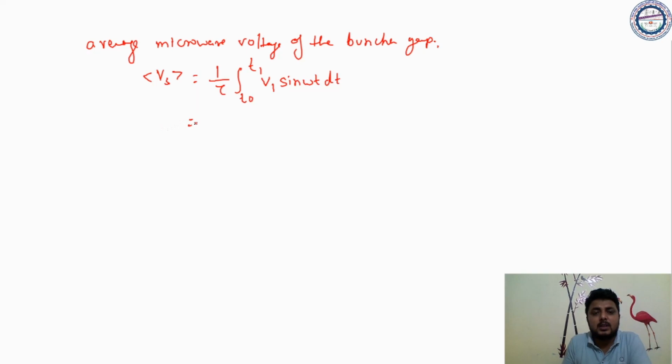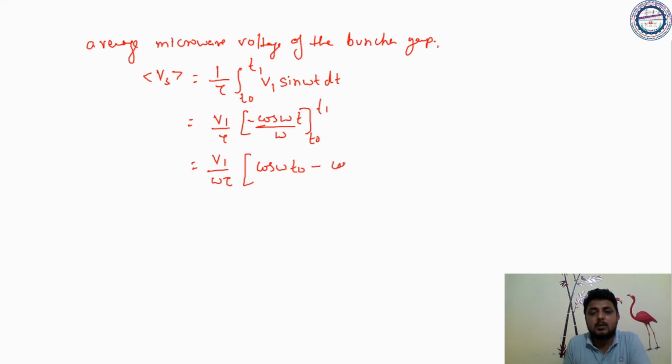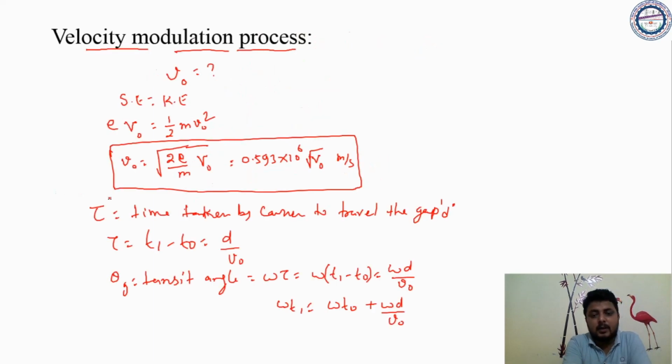After solving this we can write V1 upon tau, and cos omega t or minus cos omega t, from t0 to t1, divided by omega. So this can be written as V1 upon omega tau into cos omega t0 minus cos omega t1, considering this minus sign. Already we have seen that omega t1 is written as omega t0 plus omega d by v0.